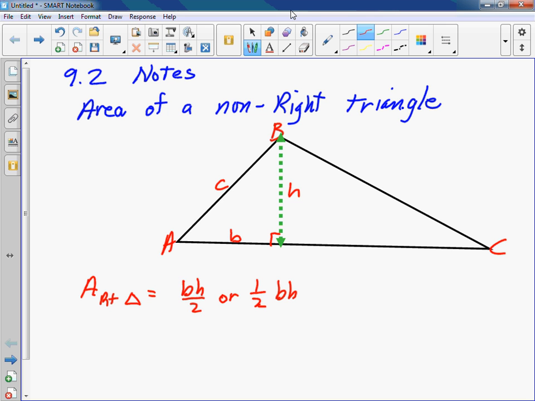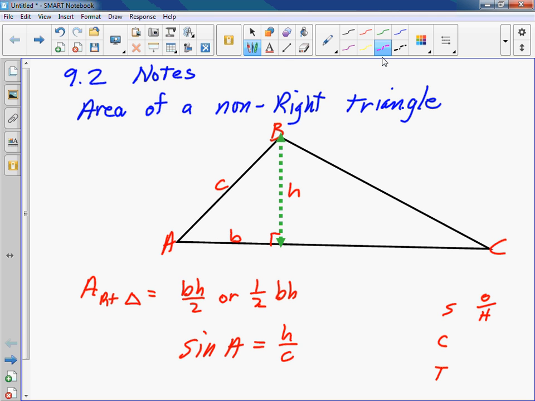I like where you're going with this. So you could say sine of A equals what? H over c. Nice. H over C, which is the length of this opposite side from A.